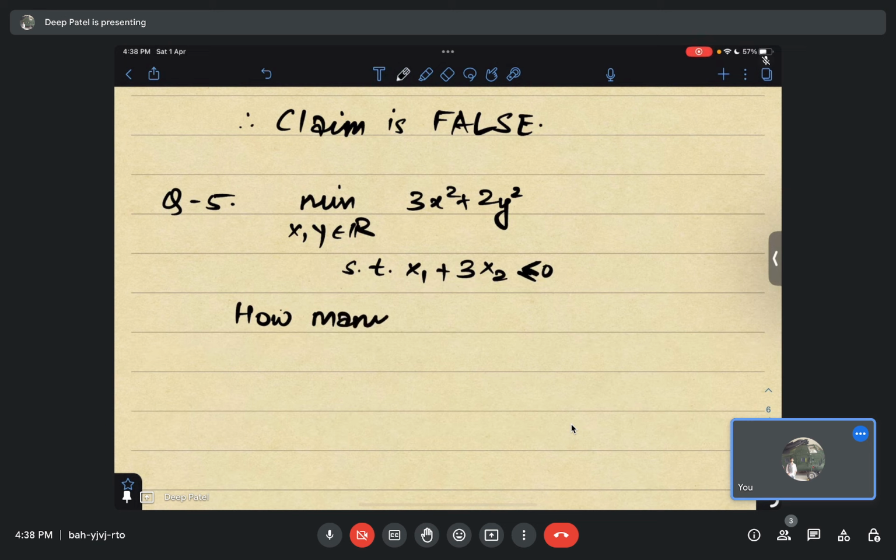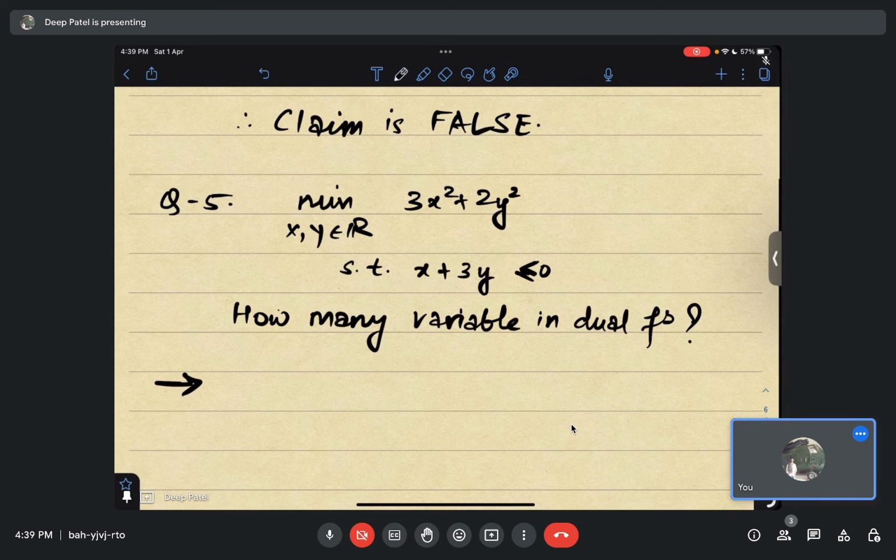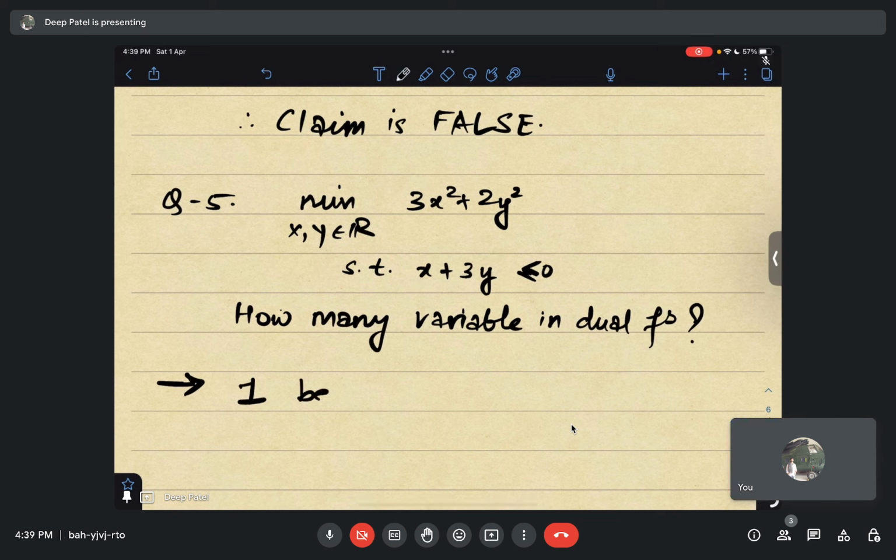How many variables in the dual function? Oh, why did I write x1 x2? x plus 3xy plus 3y, sorry. So it's just one, right? This is just one constraint, and there's only one Lagrange multiplier because there's one constraint.